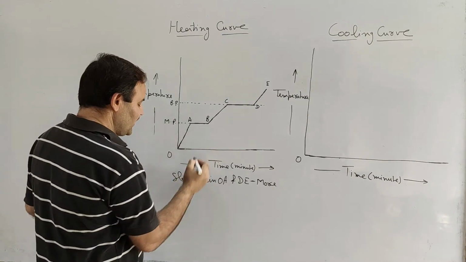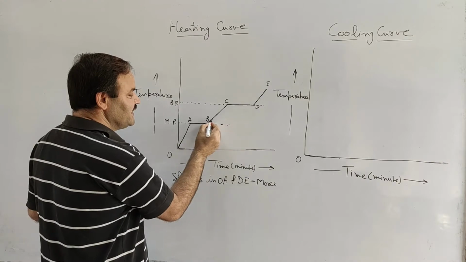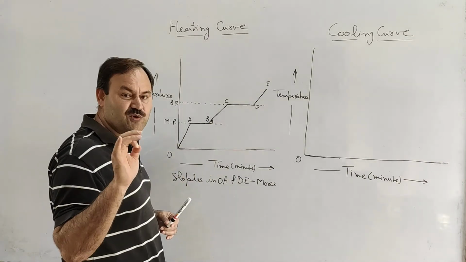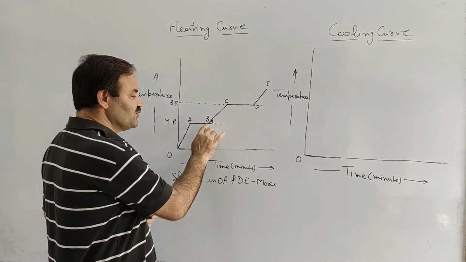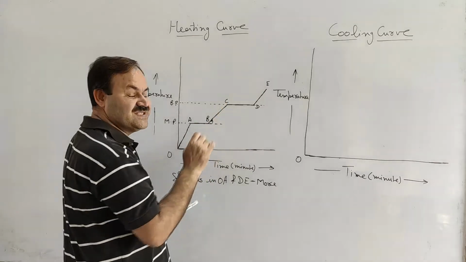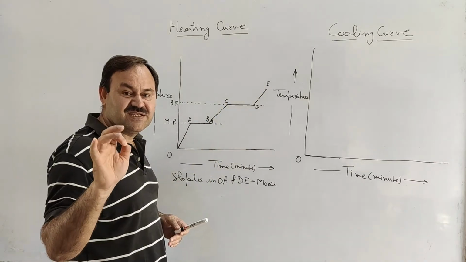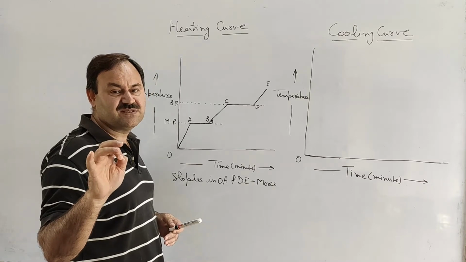Also, the slope in part BC is comparatively less. The slope of part BC being less shows that more time is taken by the liquid to change its temperature, that is, the specific heat capacity of liquid is more.